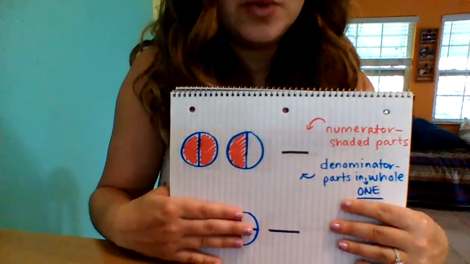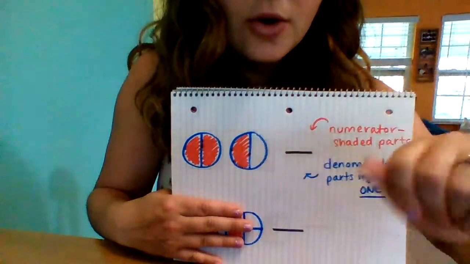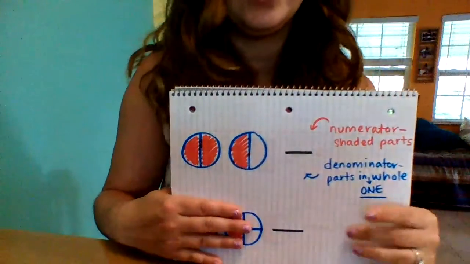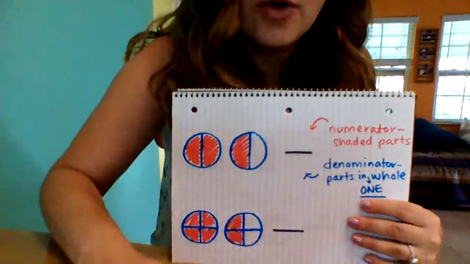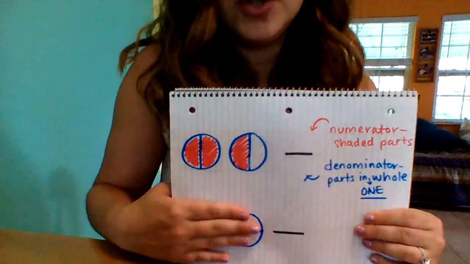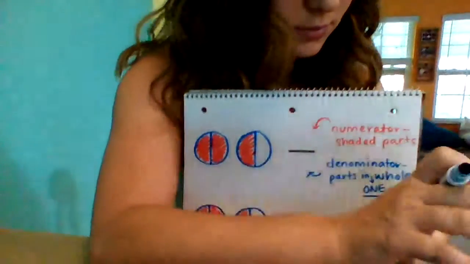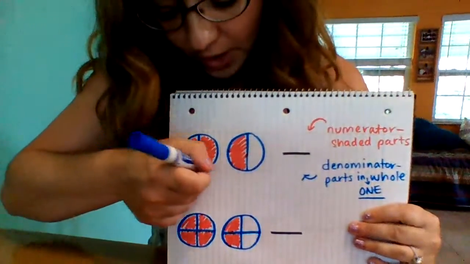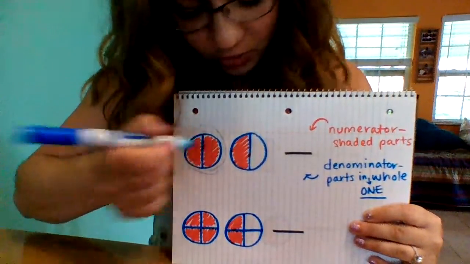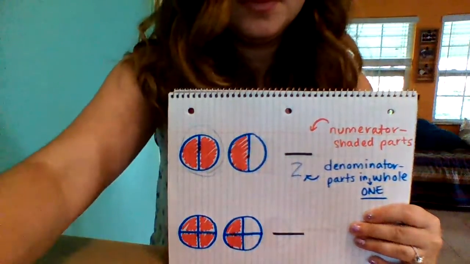The first thing we want to do is write a denominator, which is the number of parts in one whole. How many parts are in one whole here? Just one circle. Let's check and see. One whole has 1, 2 parts, right? So my denominator is going to be 2.